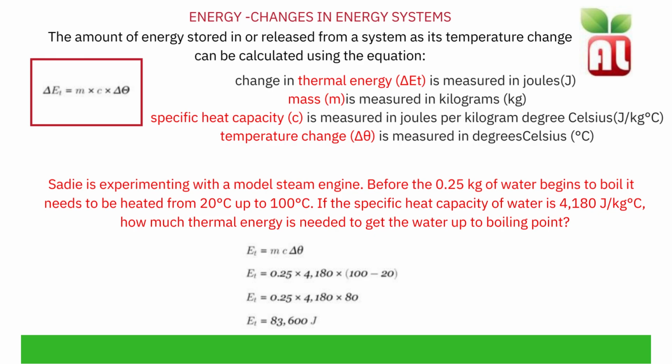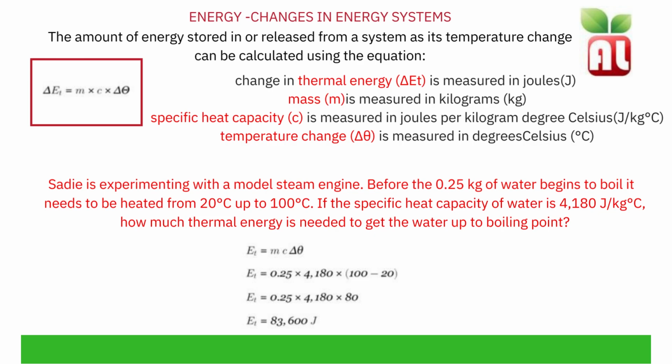Just to note at this stage, if we were talking about the water boiling, then we would be looking at the specific latent heat of vaporization. As we are just increasing the temperature of the water and not changing its state, we refer to the specific heat capacity equation.